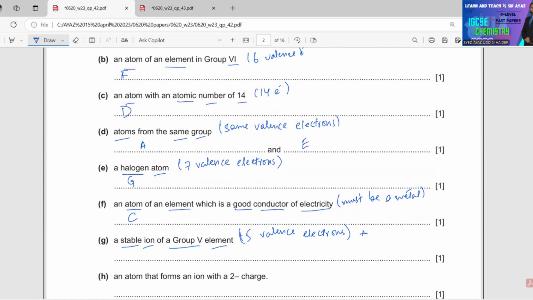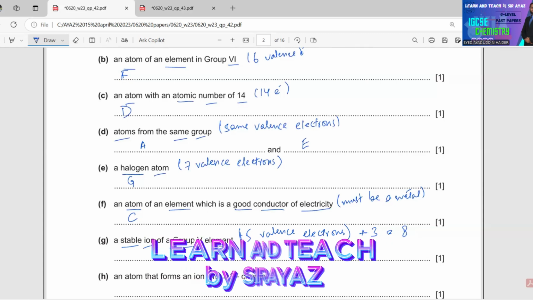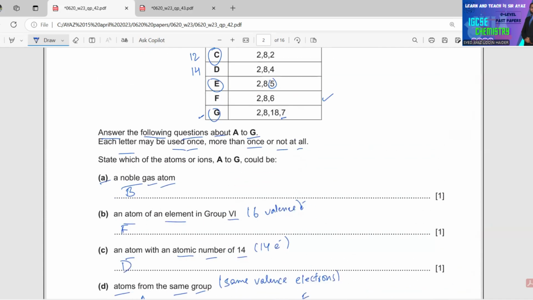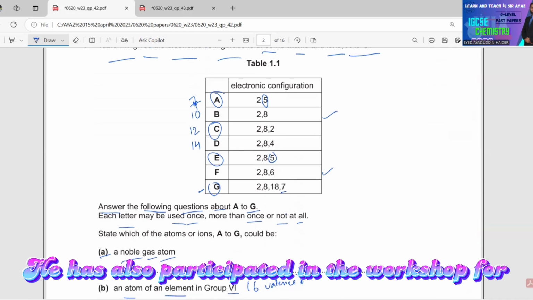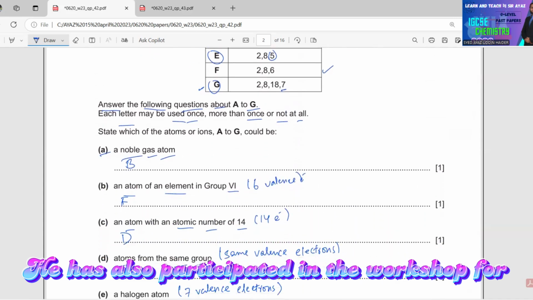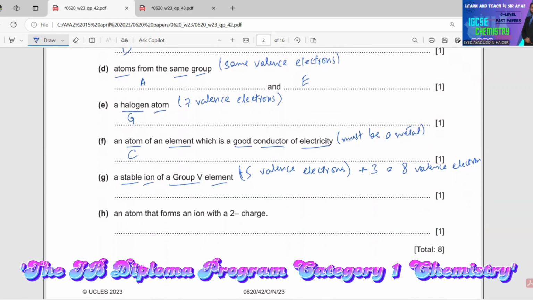So 5 plus 3 gives 8 valence electrons for the ion. So it must be the element having full configuration. So in this case, it must be B because the configuration is complete. So it must be the stable ion of a group 5 element.